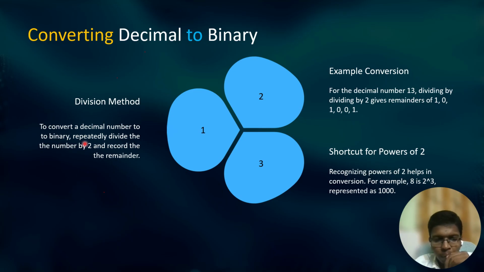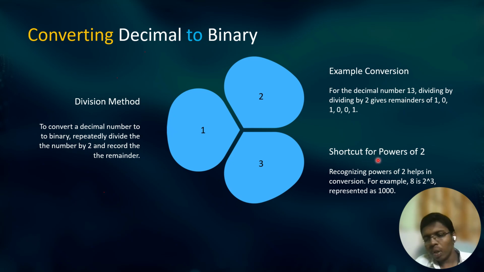To convert to binary, divide the number by 2 and record the remainder. Step 2, example conversion: for the decimal number 13, dividing by 2, we use remainders of 1, 0, 1, 1.